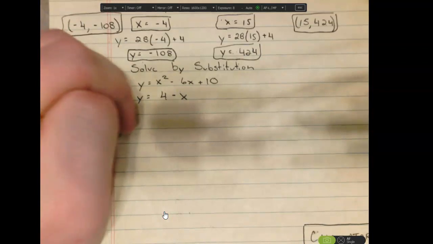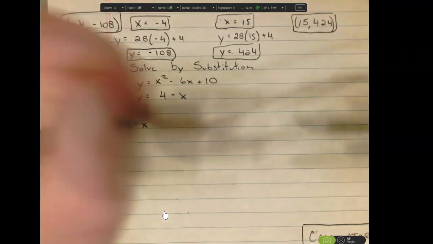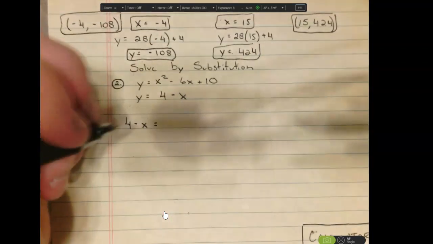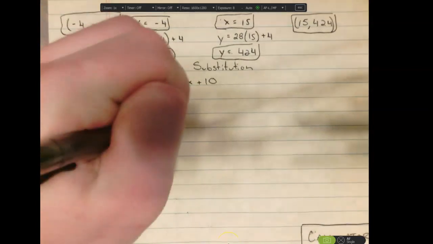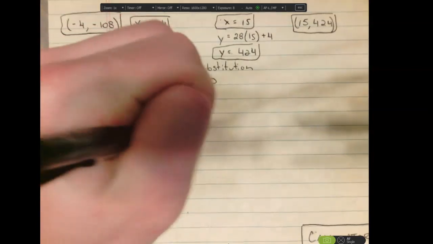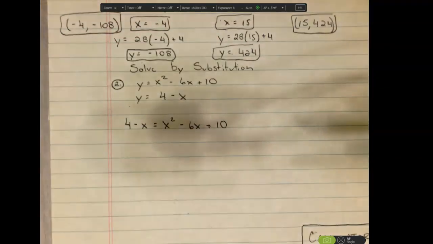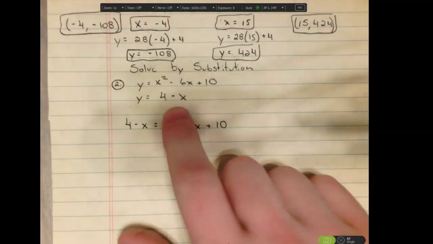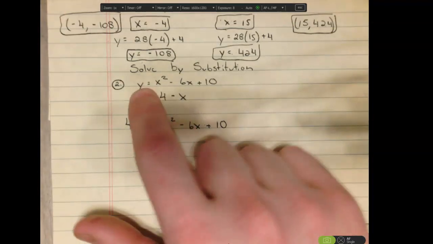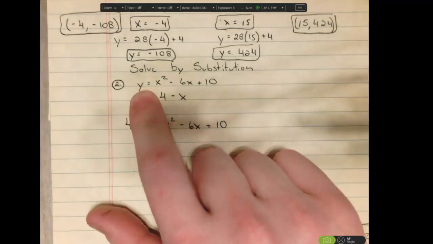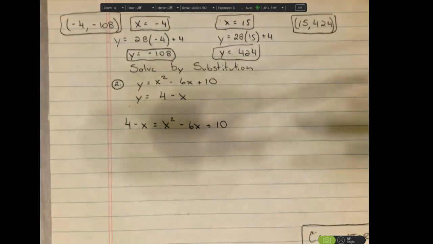So by doing so, 4 minus x is equal to x squared minus 6x plus 10. All I did is I plugged 4 minus x in for y in the first equation. I just substituted it in.